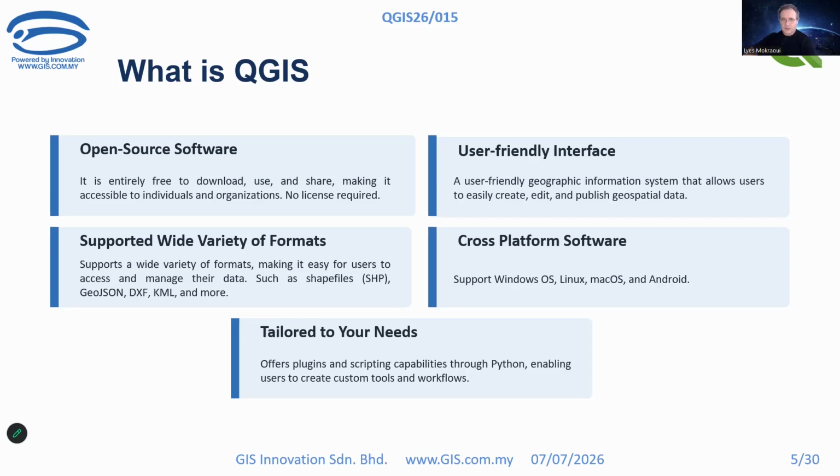It is cross-platform, which is important. If you're using Windows, it's fine. If you're on Linux or Mac, you can use QGIS as well, or even Android. It is very user-friendly and a powerful software as well.